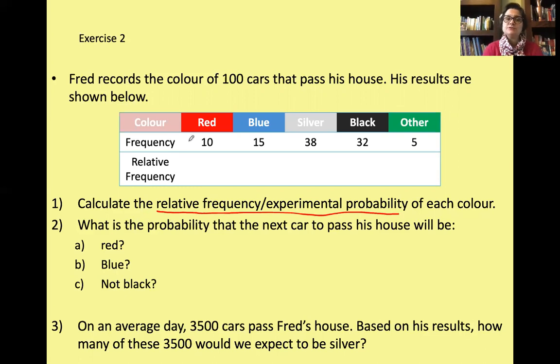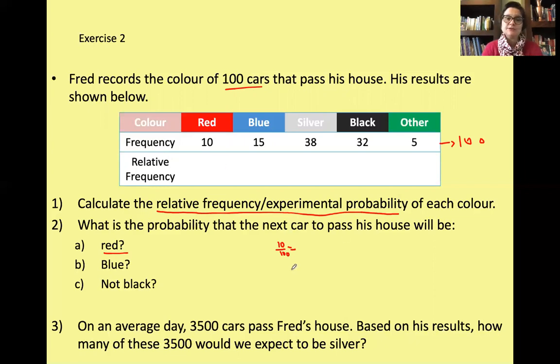Now, of course, as always, you need to find the total. But in this case, we have the total. There are 100 cars in total here. And to find the probability that the next car to pass his house will be red, of course we're going to do 10 divided by 100, okay? Because the frequency is 10 cars passing.